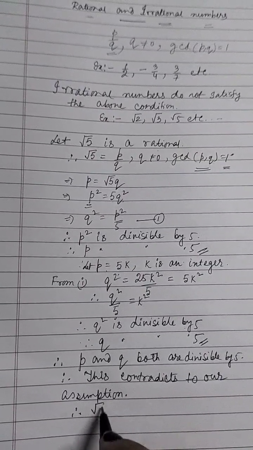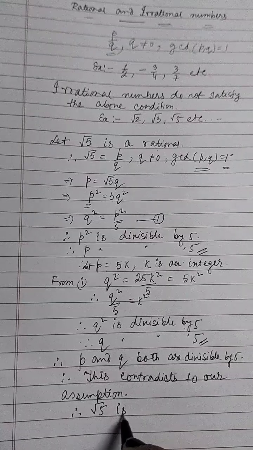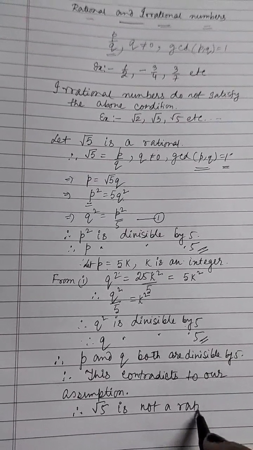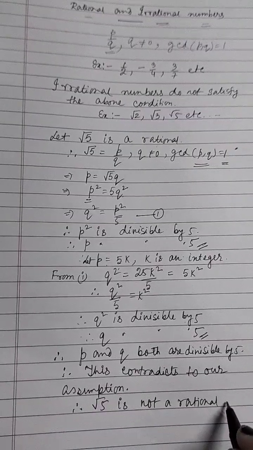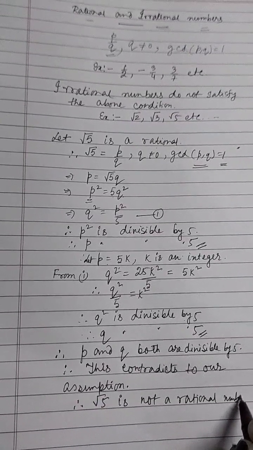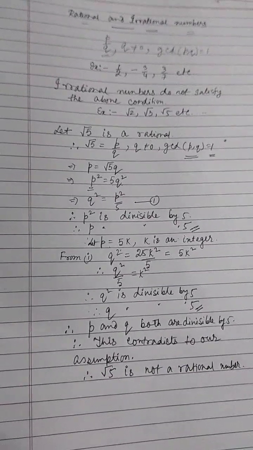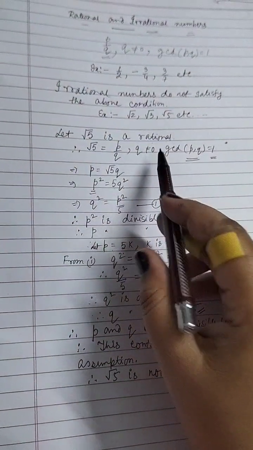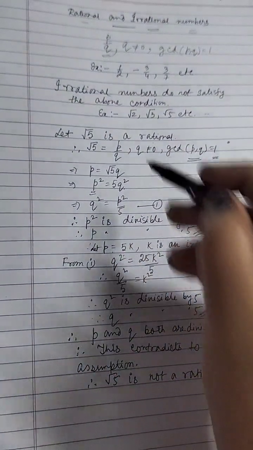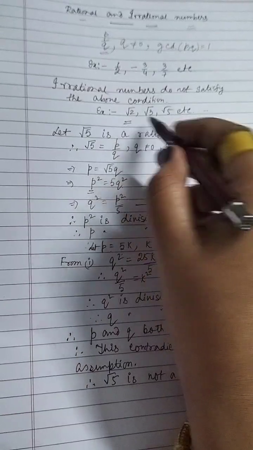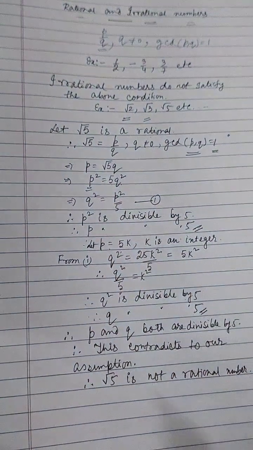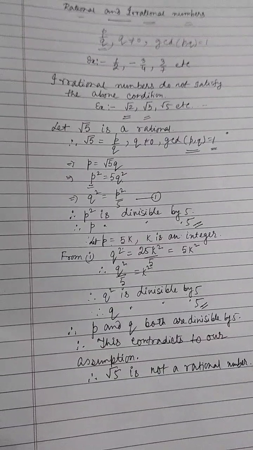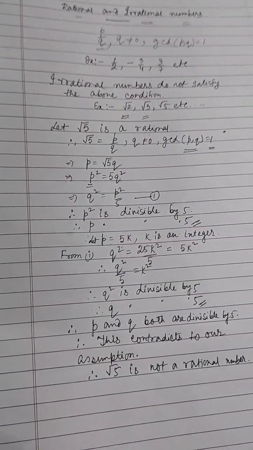Therefore, we may conclude root 5 is not a rational number. Okay? Just by the same procedure, we can show that root 2, root 3, root 7, this kind of numbers are not rational numbers. They are irrational numbers.